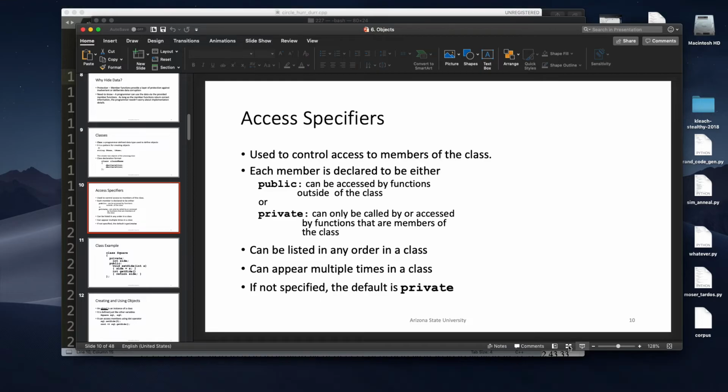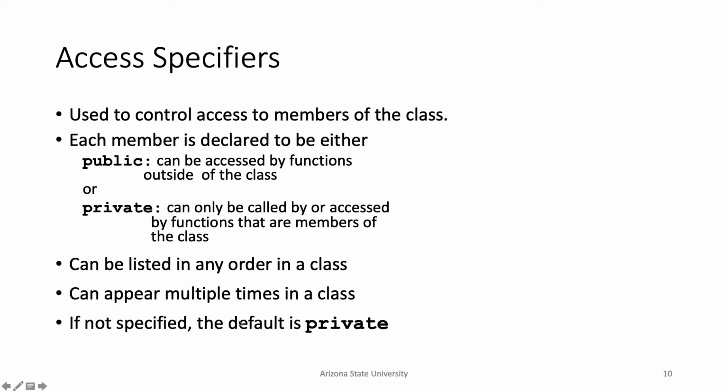Yeah, okay. Yeah, the default is private. But you can have public and private as many times as you want. So you can have a public section, then a private section, then a public, private, public, private, as much as you want. Usually you put the private all in one place and all the public in one place, but you can do this any way you like.